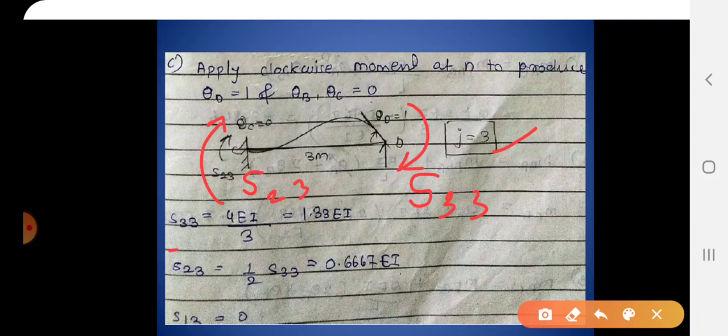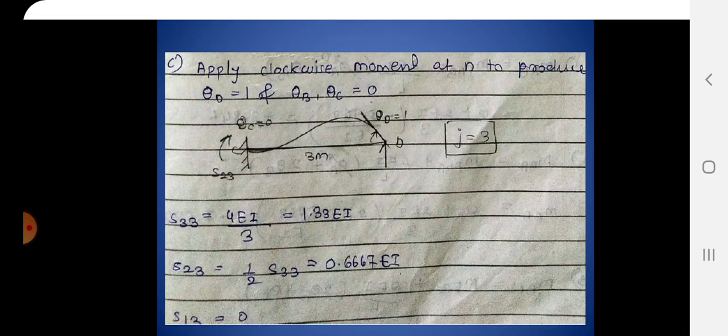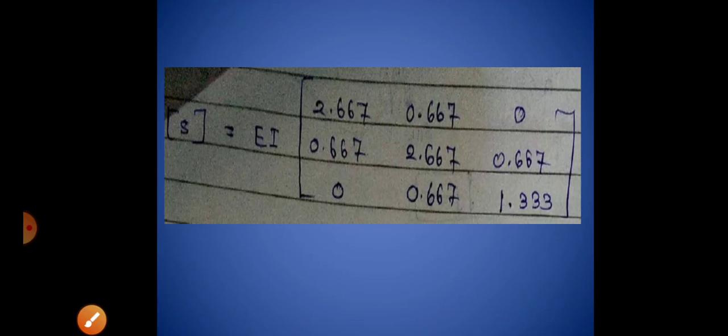So first you will get the value of S33, 4EI by L, and then S23 is half of S33. This moment will not get transferred to end B, therefore S13 will be equal to 0.